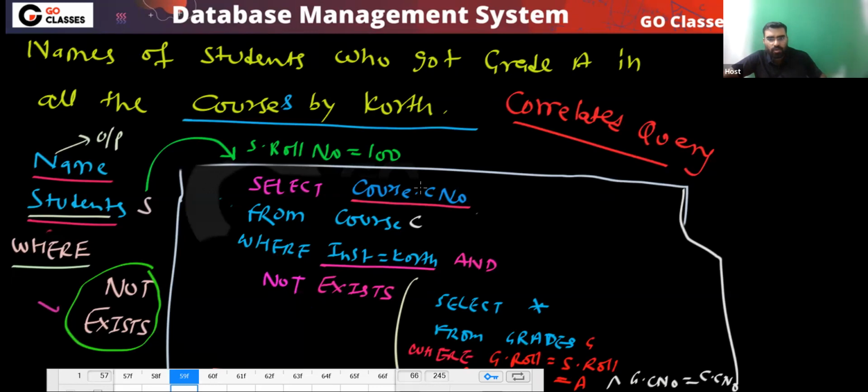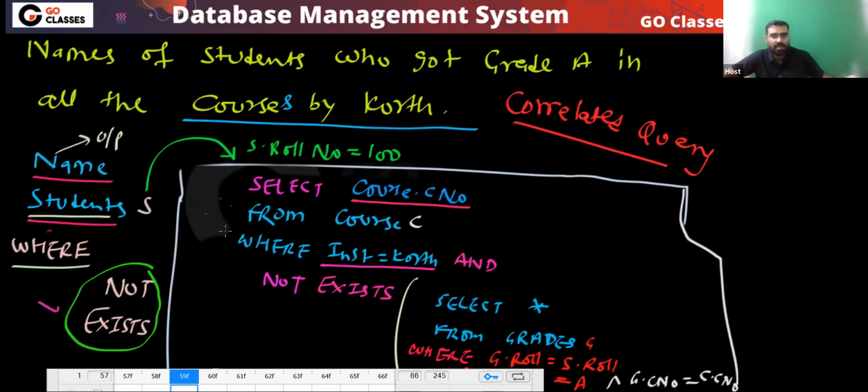So who will satisfy this? Those will satisfy who are courses where this student did not get grade A, right?